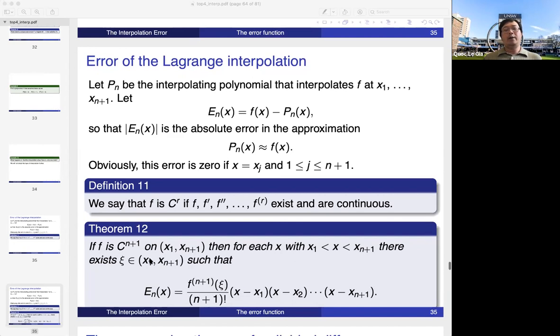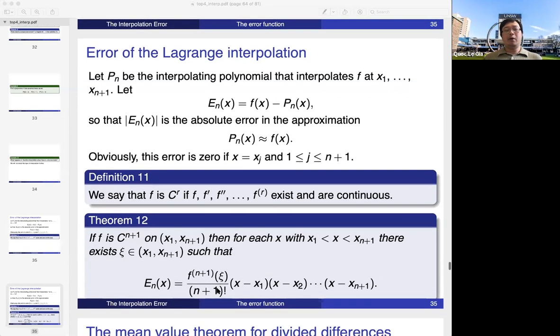Xi is some point in the interval x1, xn plus 1. This one is just the derivative of order n plus 1 evaluated at xi, and this one is n plus 1 factorial.